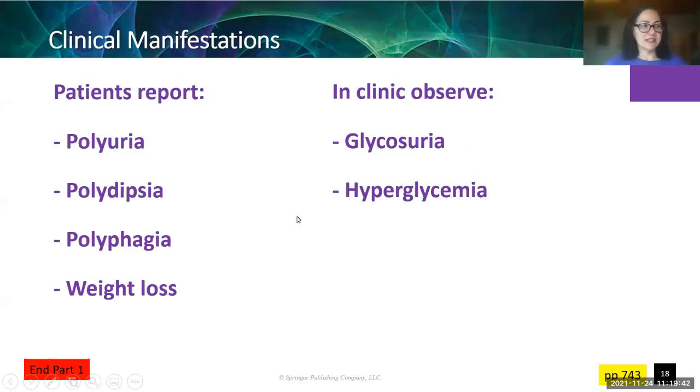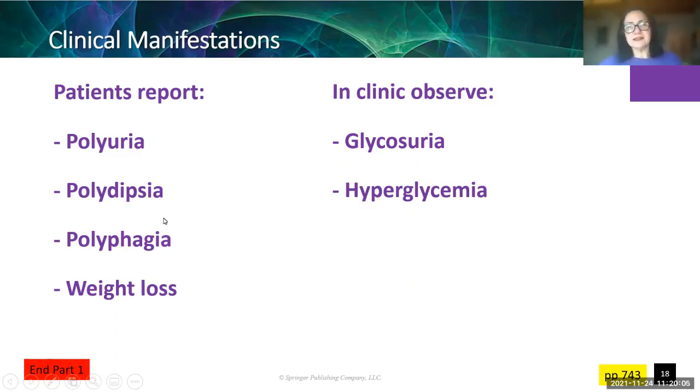So the clinical manifestations, to wrap this up: patients will report polyuria. They pee all the time, because of what's happening inside the kidney, where the glucose stays in the tubule and all of that extra water goes in and they're peeing out all the extra water. They're incredibly thirsty, so polydipsia.